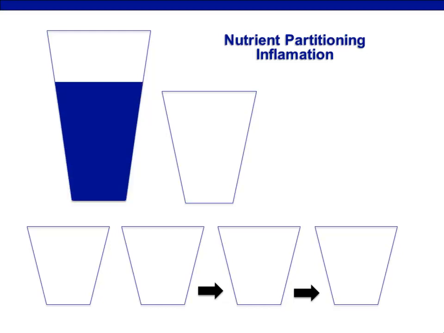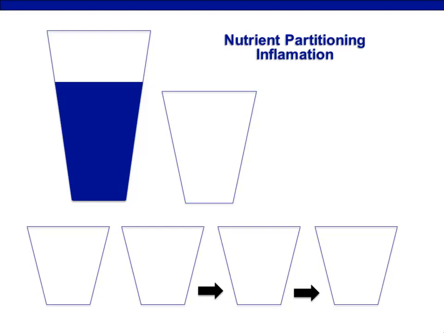So if we look at nutrient partitioning with inflammation, one of the things that's intriguing is that most animals that have an inflammatory response will eat less. So if they've got inflammation going on, they're likely going to consume less feed. That's the first thing. They don't even take in as much.